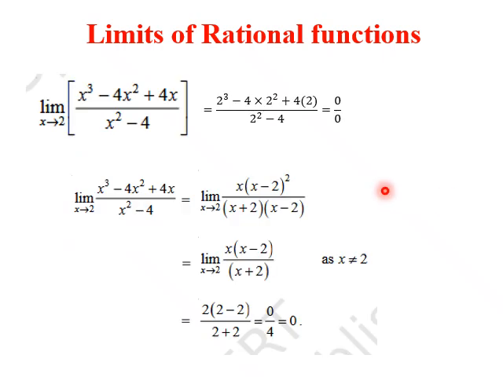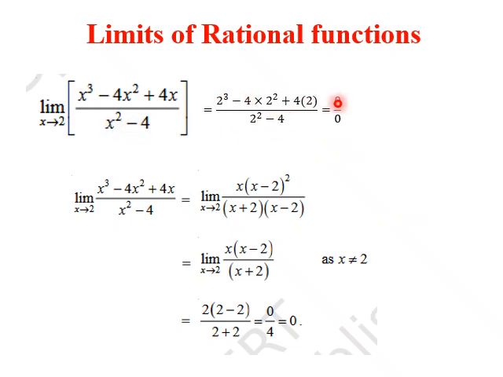Now let us take another example where the expression becomes 0 by 0 form. What is 0 by 0 form? Let us understand. This is a rational function. In this we want to take the limit x tending towards 2. Let us put 2 in this expression, in the numerator and denominator: 2 cube minus 4 into 2 square plus 4 into 2, divided by 2 square minus 4.